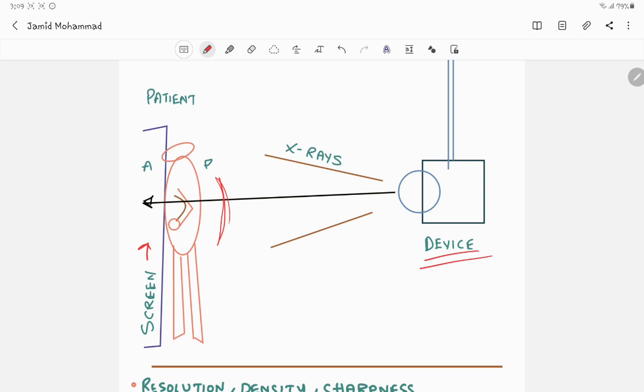The X-rays are emitted from the device onto the patient's body directly on the posterior side, like the back of the patient, and these rays pass through all the organs, bones, and soft tissues of the patient, and eventually fall on the screen along with the shadows of the organs, bones, etc., whatever is inside the thoracic cavity of the patient if it's a chest X-ray.